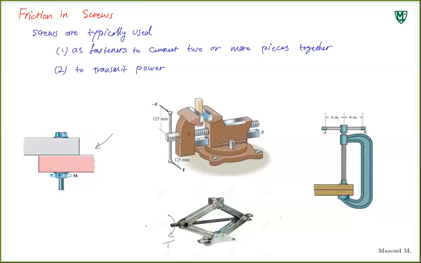You're trying to turn the screw, and this screw, as a result, transmits this motion, this torque, this power you're applying as an input into a different type of motion. It transmits this motion or power into the vertical direction, let's say, when you are trying to lift up your car. These are two typical applications for screws.